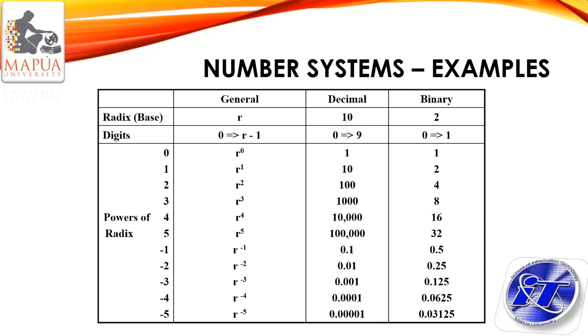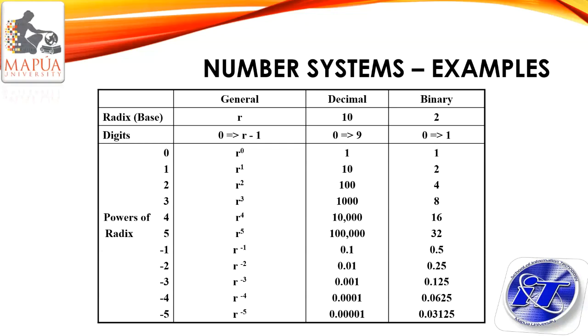So it will have a negative exponent: -1, -2, -3, -4, -5. The equivalent of -1 is 0.1, -2 is 0.01, -3 is 0.001, and so forth. Same as with 2. So again, a negative exponent means we are referring to a fraction. So 2 raised to -1 is 0.5, 2 raised to -2 is 0.25, and so forth.